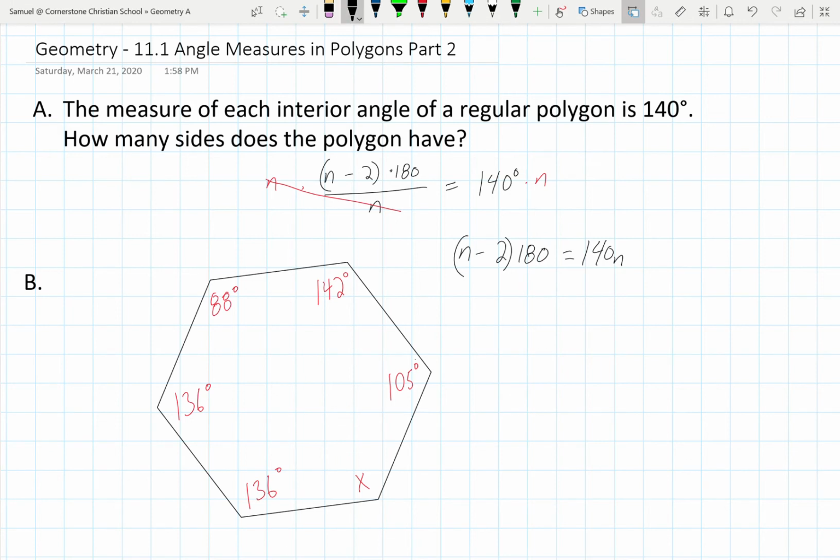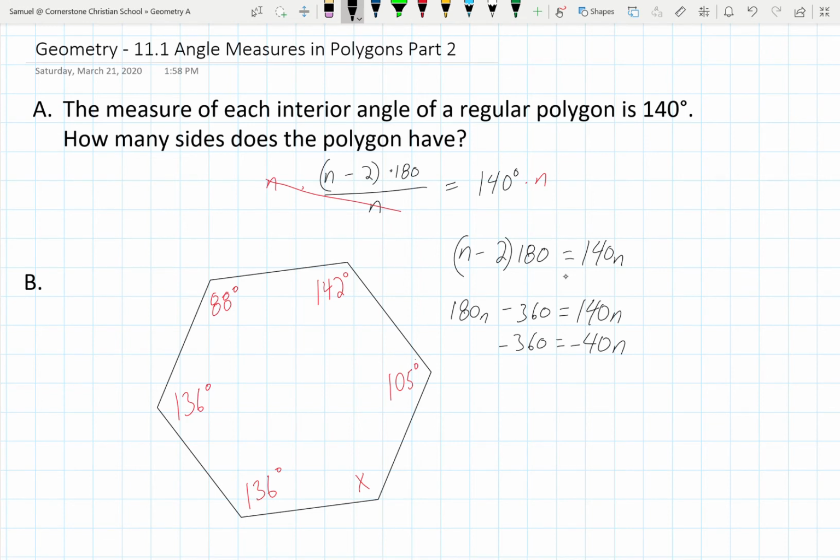We could distribute that 180 to both things, which I think would make things simpler. So we have 180n minus 360 equals 140n. Subtract 180n from both sides, so I have negative 360 equals negative 40n.